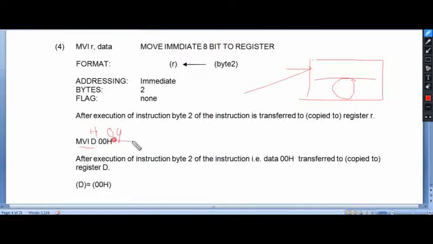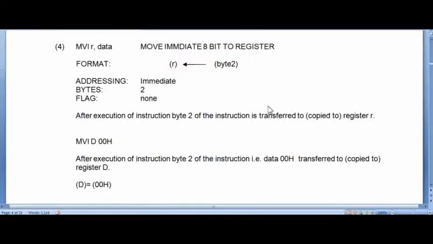In byte 2 the number 09 is present. That means for this particular instruction MVI H, 09, the number 09 is copied to register H. Whatever is present in byte 2 of the instruction is transferred to general purpose register R.